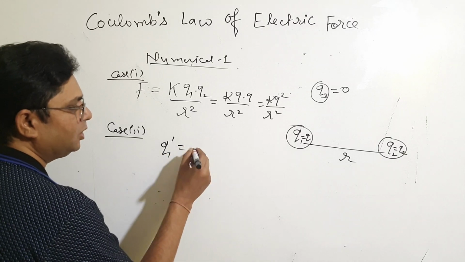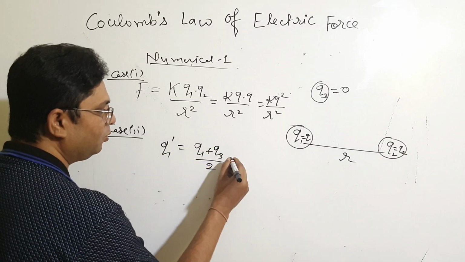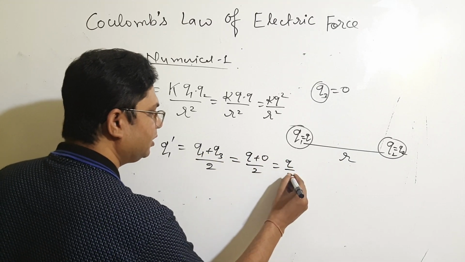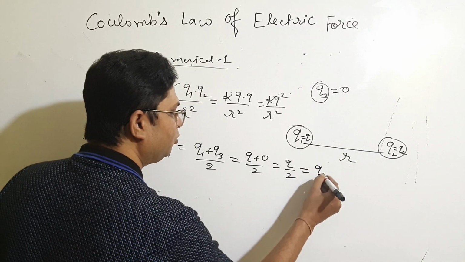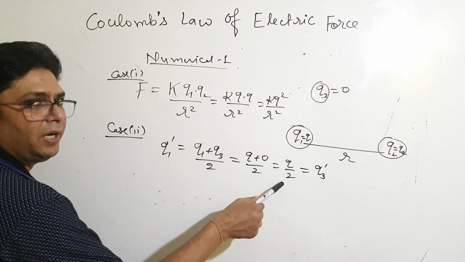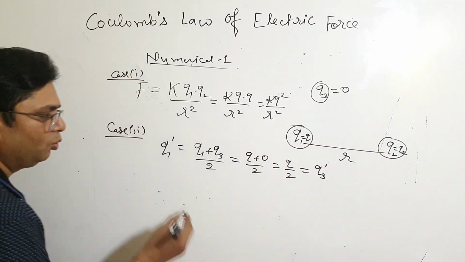So Q1 dash is equal to Q1 plus Q3 divided by 2. This is equal to Q plus 0 divided by 2, which is Q by 2, and this is said to be Q3 dash also. Now Q3 dash has acquired charge Q by 2. Q3 dash is touched to the sphere Q2.